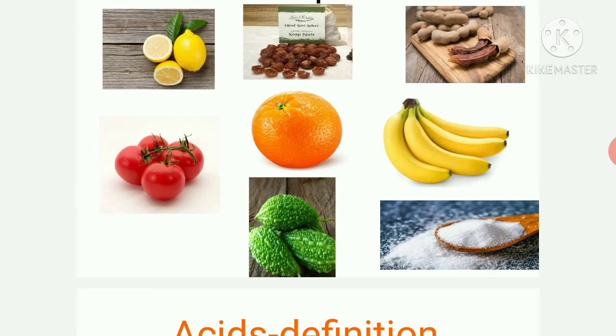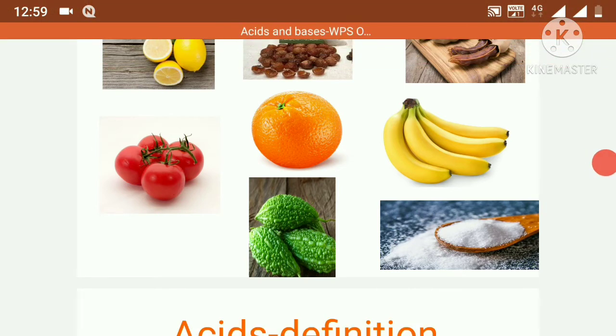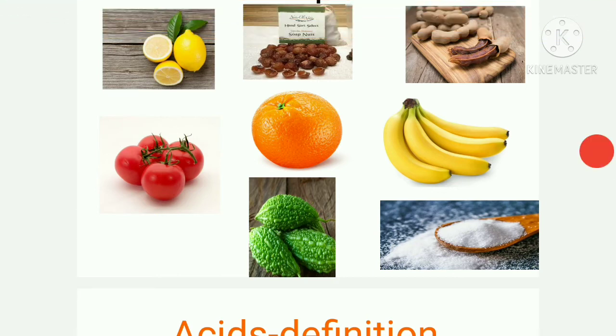Next, what is the taste of bitter gourd? Bitter taste or soapy taste? What is the taste of soapy nuts? It is also soapy taste. So, what do we call soapy taste in our science?